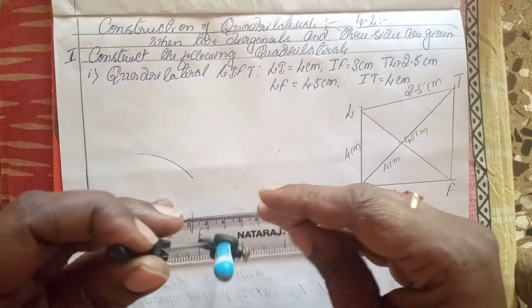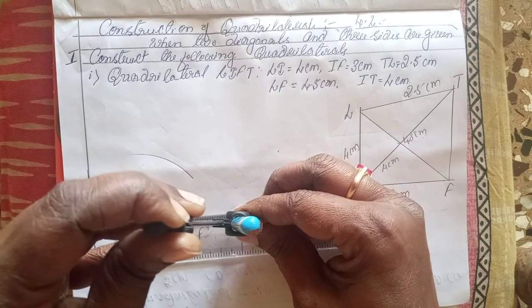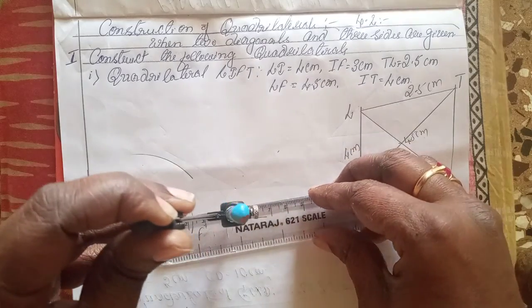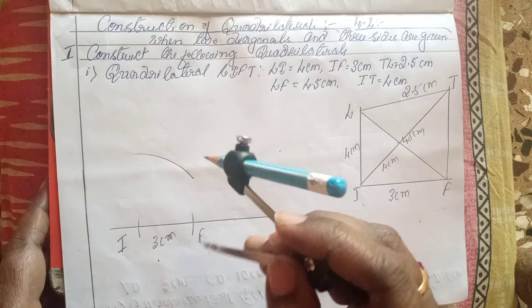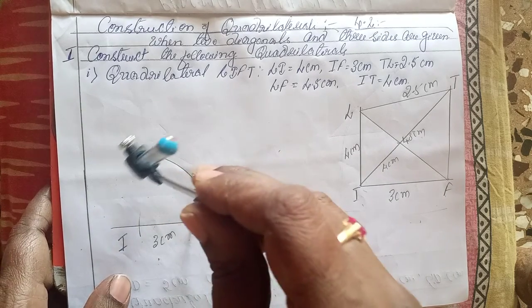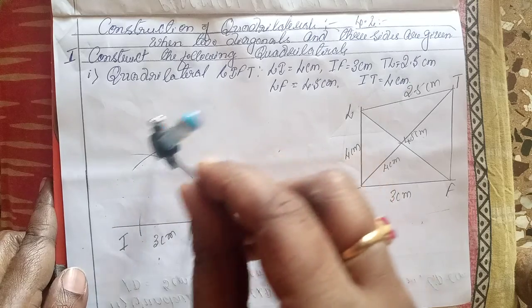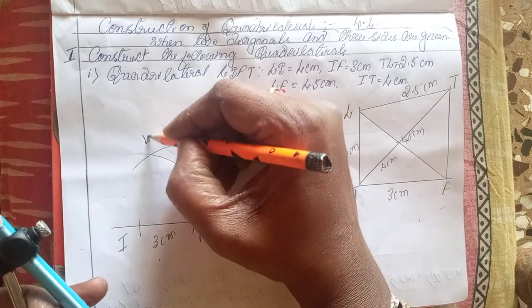Pointing the compass needle on the point F, cut an arc. Here what we got is the triangle, and name this point as L.